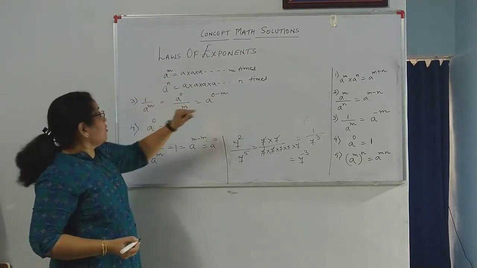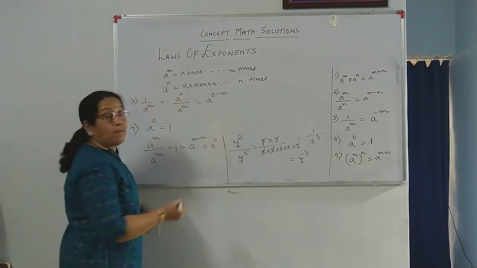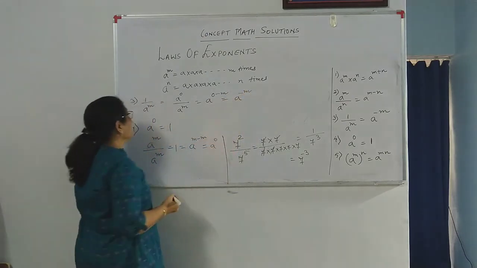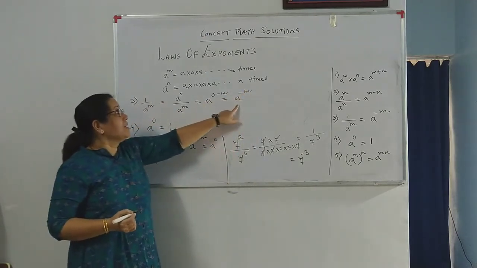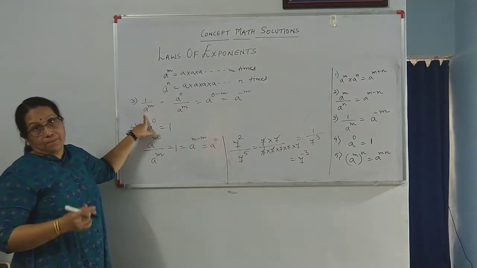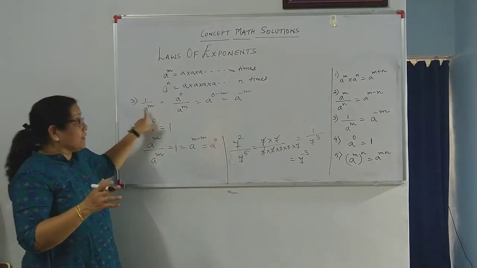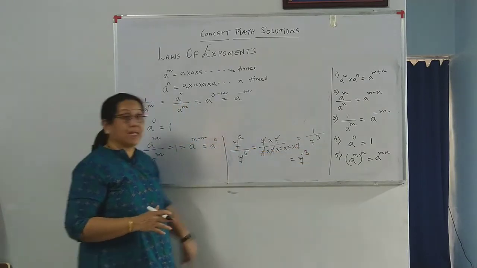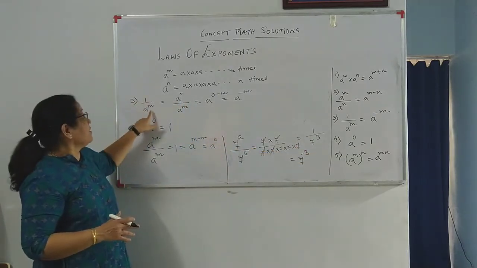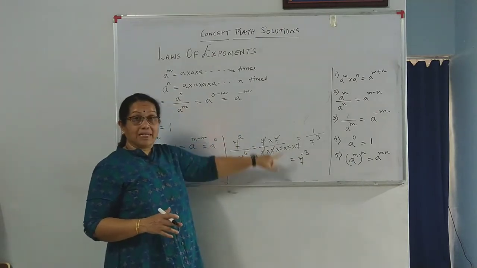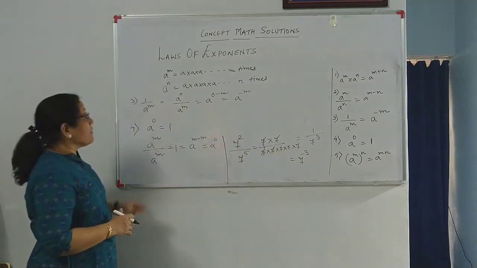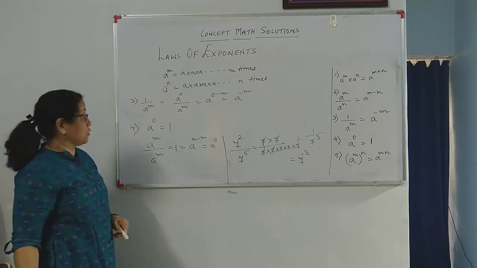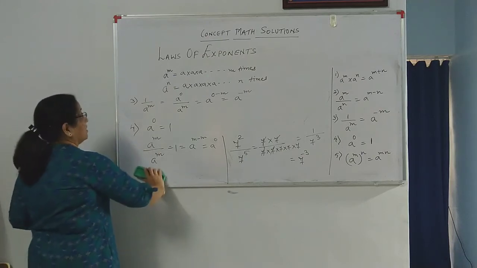Second law, division of equal bases, we subtract the power, and 0 minus m gives a to the power minus m. That is, if you shift the term in the denominator, the power changes its sign. That's what I have used here. 1 by 7 to the power 3 will be 7 to the power minus 3. So that is about the third and fourth law of exponents which we have discussed.